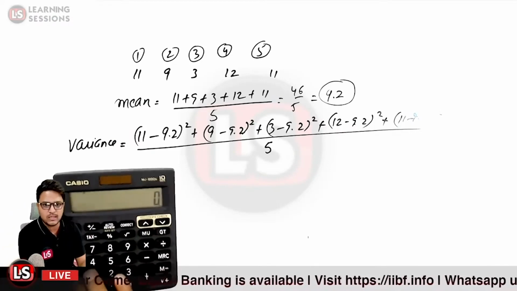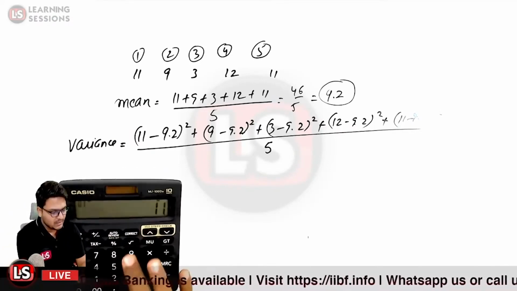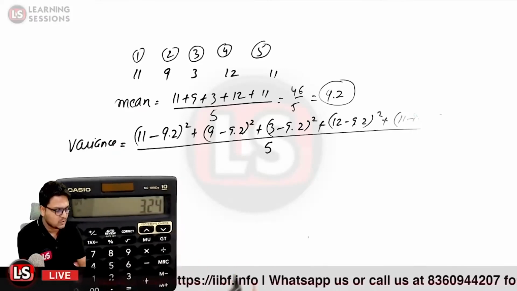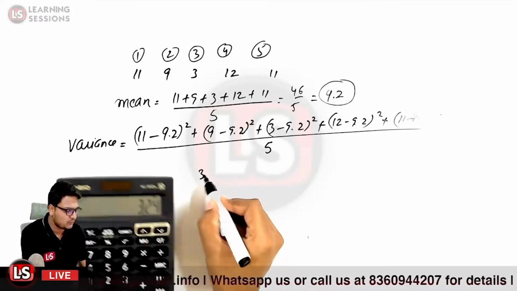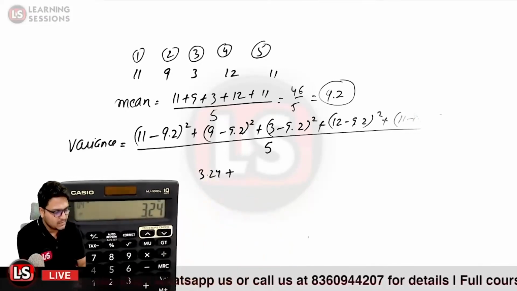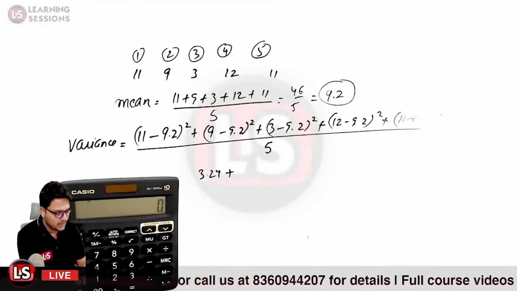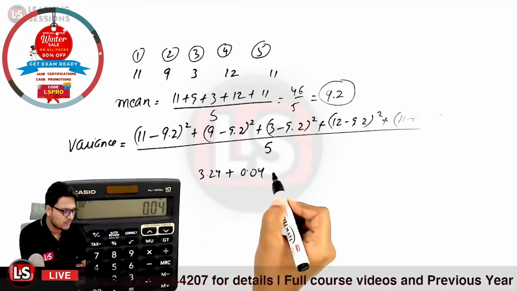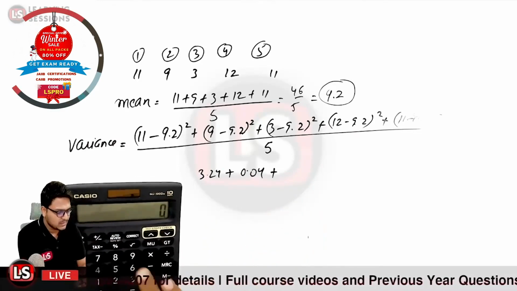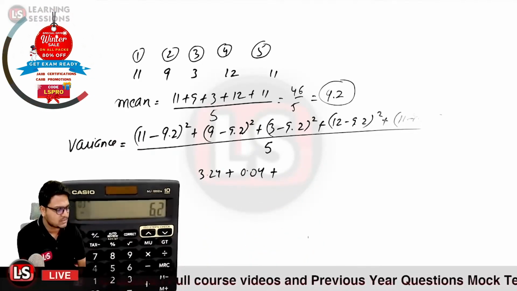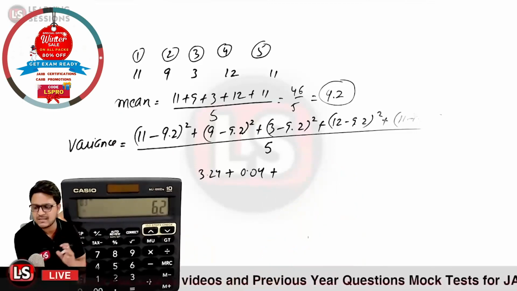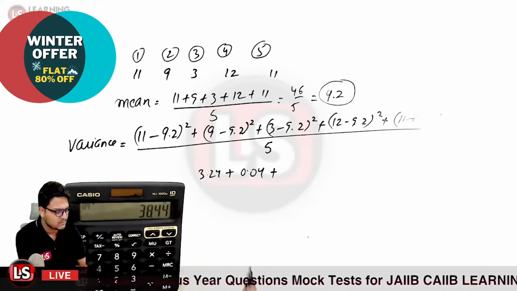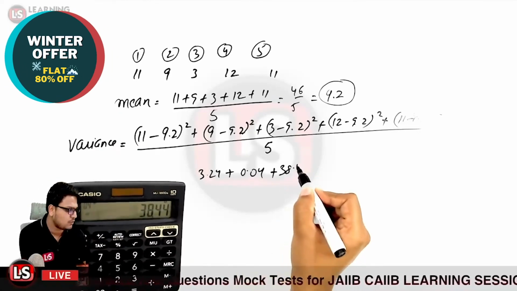So it is equal to what? 11 minus 9.2 is 1.8, multiplied by 1.8 comes out to be 3.24, plus 9 minus 9.2, that is 0.2 multiplied by 0.2, which is 0.04, plus 3 minus 9.2, or 9.2 minus 3, because it is squared so the minus signs cancel. So it is 6.2 multiplied by 6.2, which comes out to be 38.44.